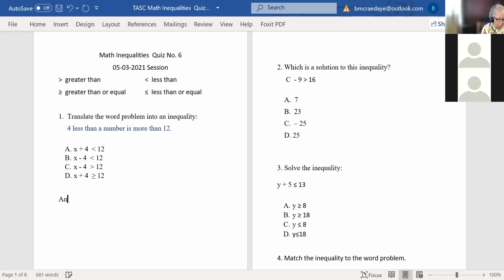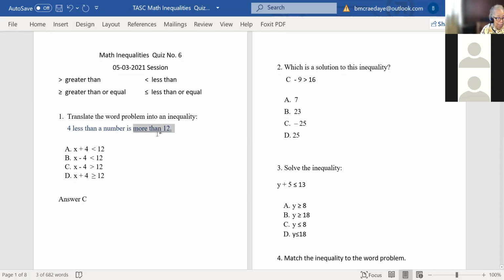So what would be your answer? C. 4 less than a number is more than 12. Maureen, what would you get? Okay, 4 less than a number is more than 12, so it's gotta be C. That's it, very good. More than means greater than, right?